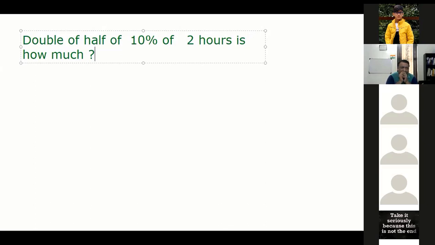So everybody, double of half of 10% of 2 hours is how much? Tanishka says 12 minutes. Shriya says 12 minutes.